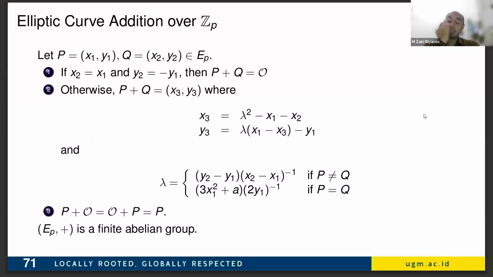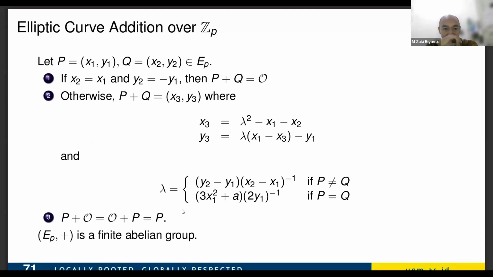Okay, and here is the addition operation on the elliptic curve over F_p. There are three conditions.